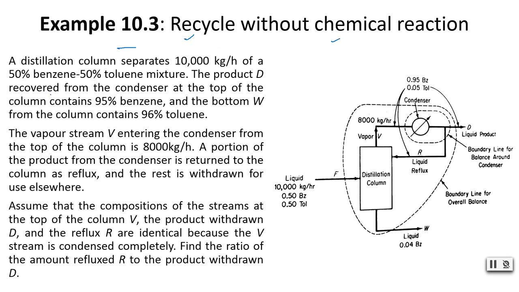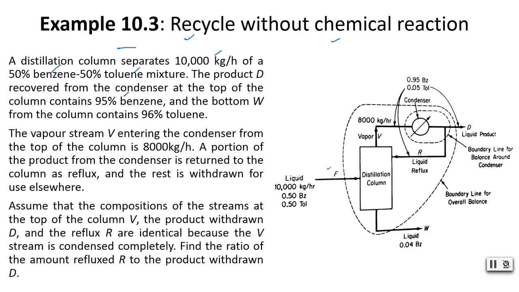Okay, a distillation column separates 10,000 kgs of 50% benzene and 50% toluene. The product D recovered from the condenser at the top of the column contains 95% benzene. Okay, so all the information has been given here.